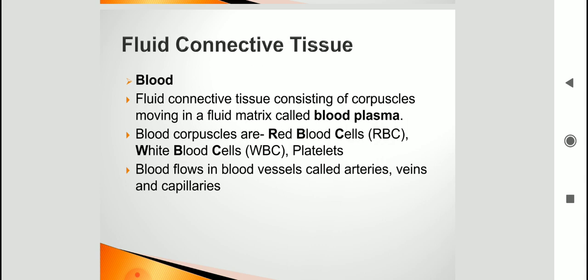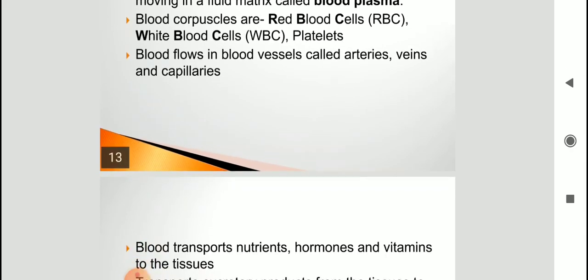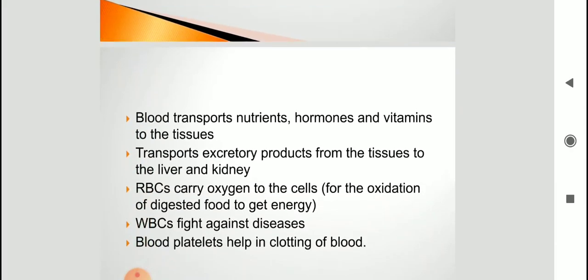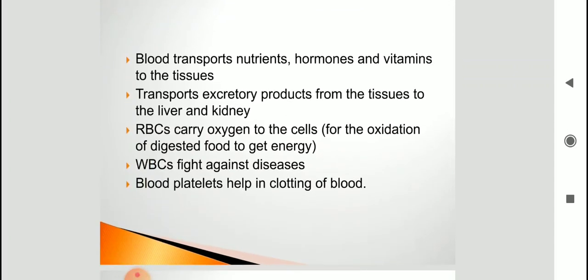Then the white blood cells that are present in our blood have a very specific function. They fight against diseases. When we talk about immunity, we are basically talking about the ability of the body to fight against diseases, and these white blood cells present in our blood help us fight.